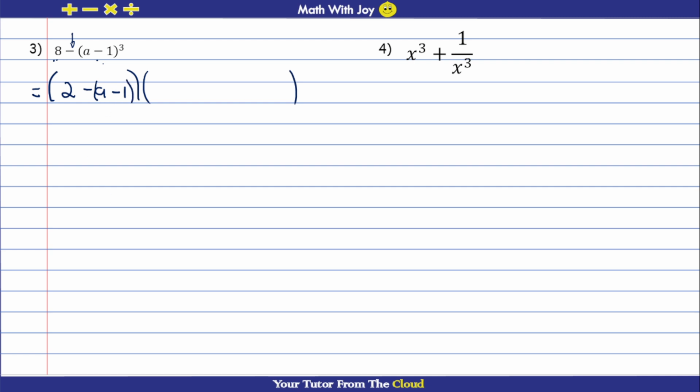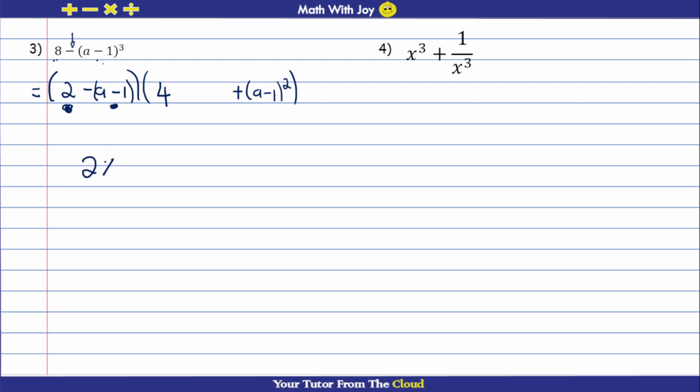A minus 1, because 3 of those brackets multiplying each other gives you a minus 1 in bracket to the power of 3. Right, now I'm going to take this and let it multiply itself to give us 4, and I'm going to take the bracket multiply itself. It's going to give us positive bracket a minus 1 squared, and then I'm going to multiply these two together.